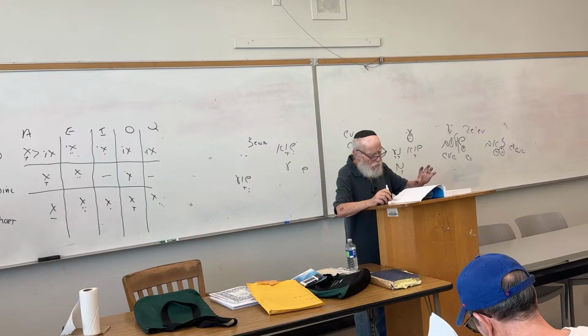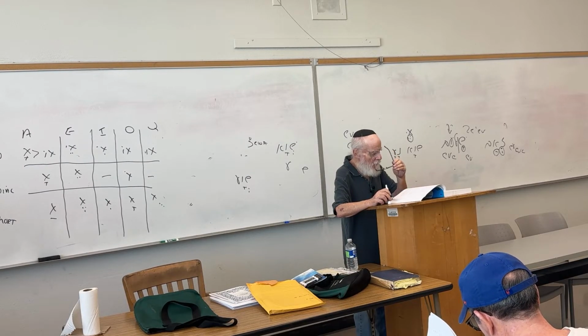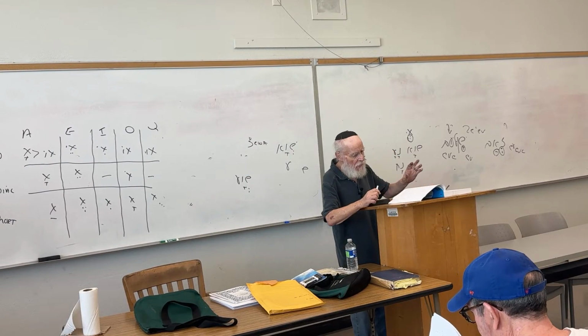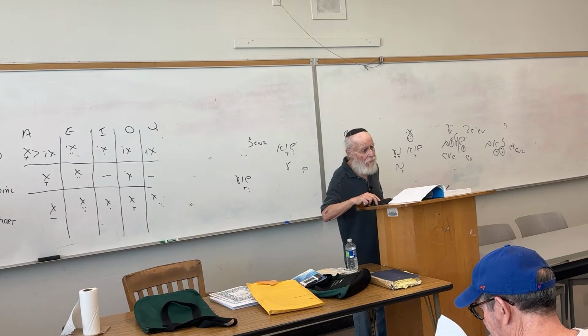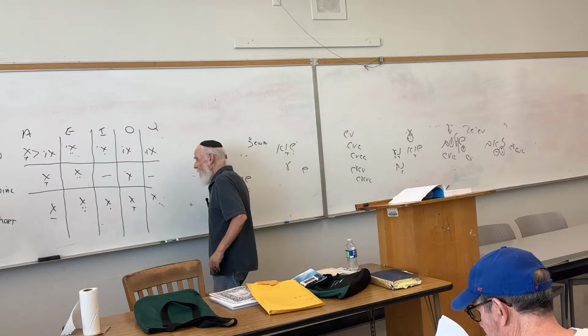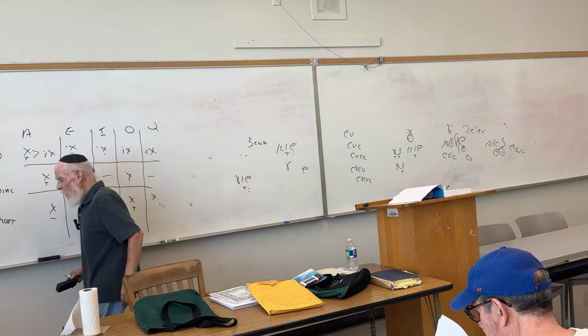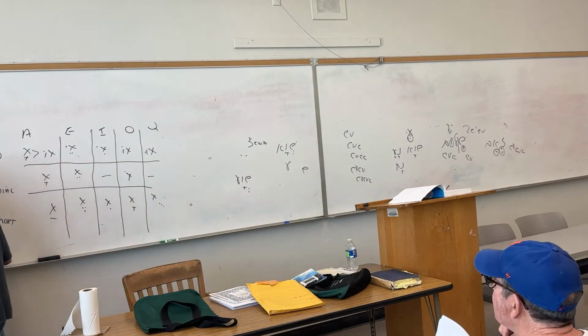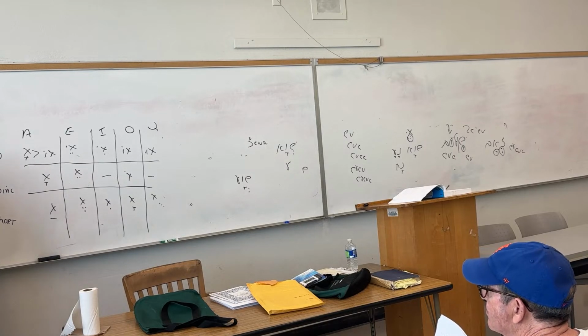I'm giving you the chart differently. She's not giving you a chart; she's putting the same vowels together. I'm making a distinction. This is called a long kamatz, a kamatz gadol. If you want the Hebrew term, the word gadol means large or big. Just know it as the long kamatz.